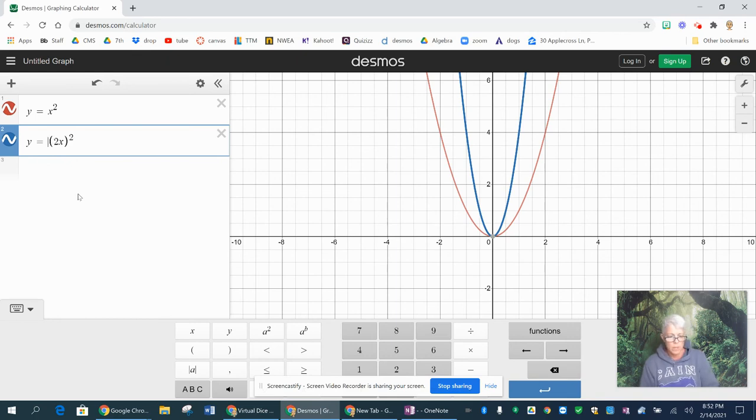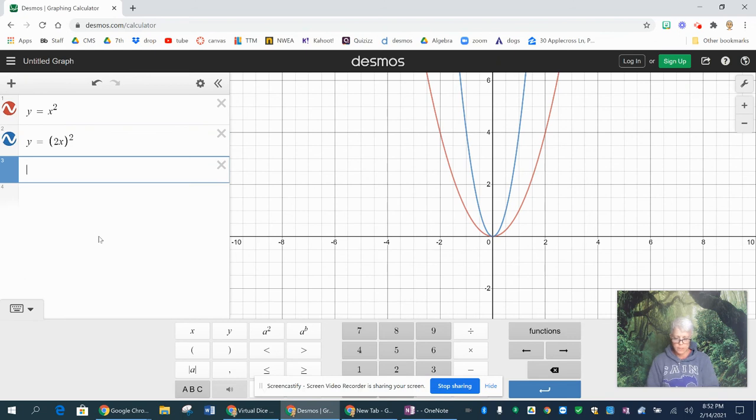Okay, here we go. So now I have 2x squared. So you can see that the red is the original parabola, the original function. And now in blue, and that's what's so cool about Desmos, they color code it for you, they put the next one.